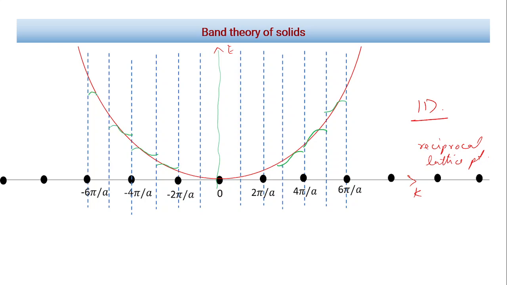Every time the crystal plane is encountered, instead of getting this continuous smooth curve, we see distortion like this. I'm not able to draw this properly because my pen is creating problems, but it looks something like this.